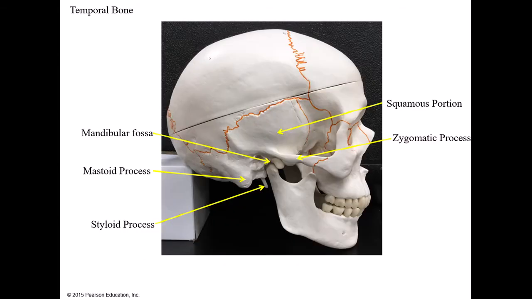So let's review the things we can see from the actual skull model. Squamous portion, extending forward the zygomatic process. Again, this shallow depression right here is the mandibular fossa. The big bump behind the ear, mastoid process. And the little stick coming down, styloid process.